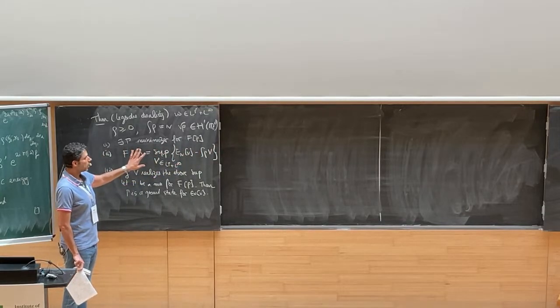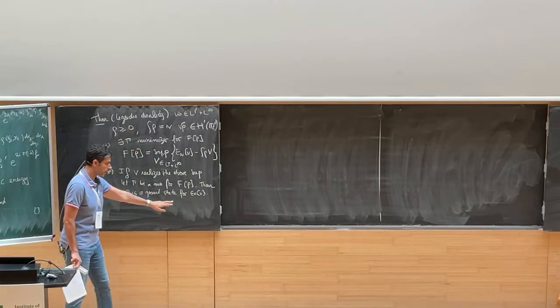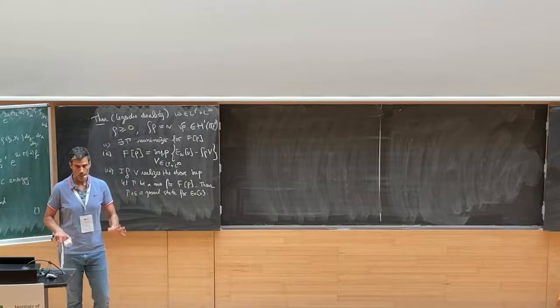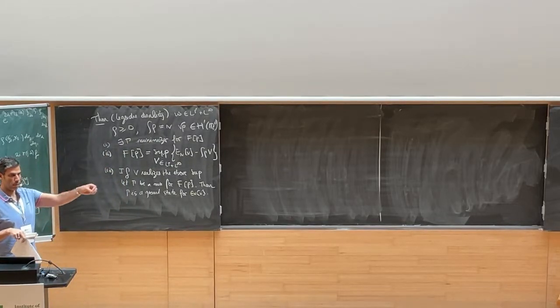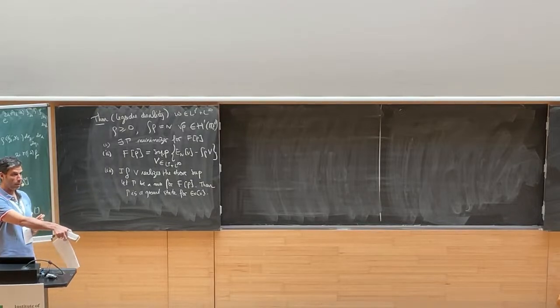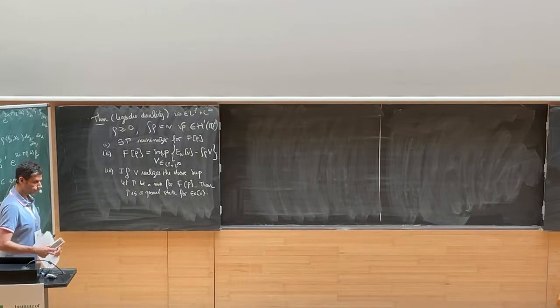And I'm telling you, if there is such a potential, then my gamma, which I found, must be a ground state for that V.